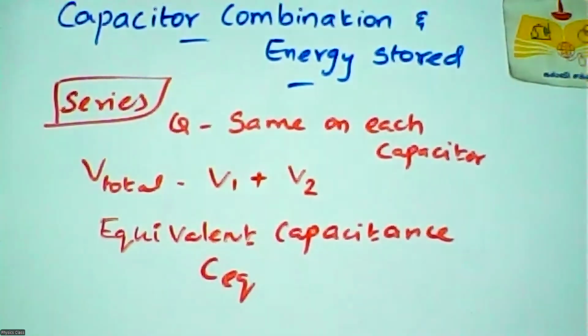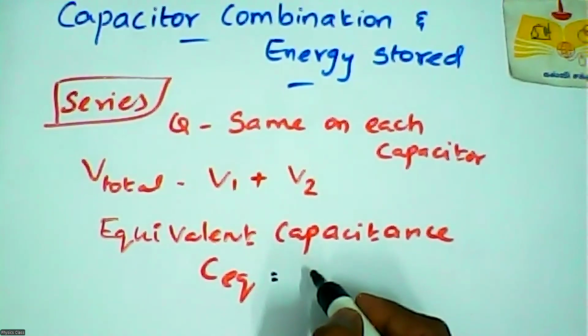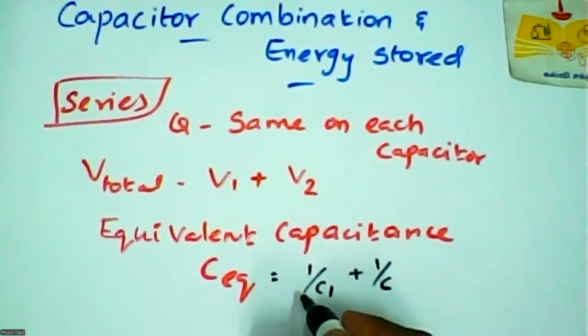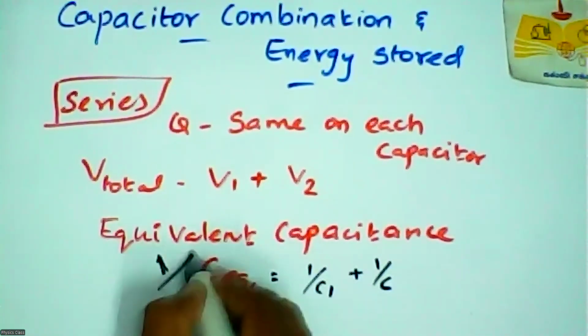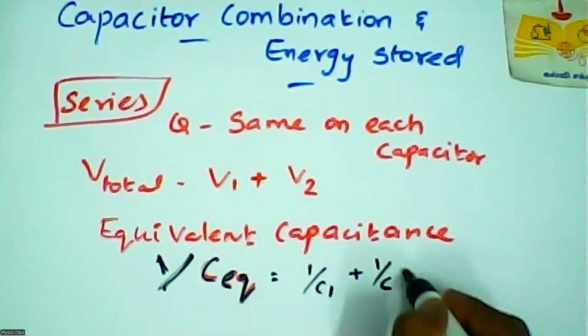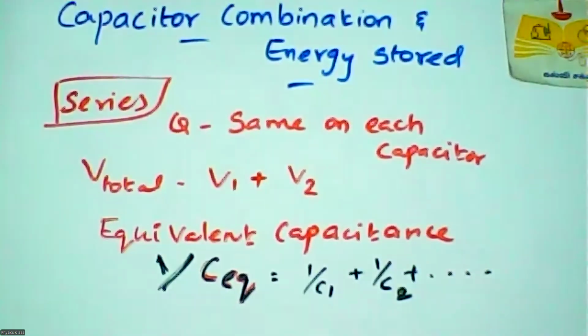For example, if we connect 3 or 4 capacitors in a series connection, then 1 by C equivalent is equal to 1 by C1 plus 1 by C2 plus 1 by C3, like that. This is the equivalent capacitance.